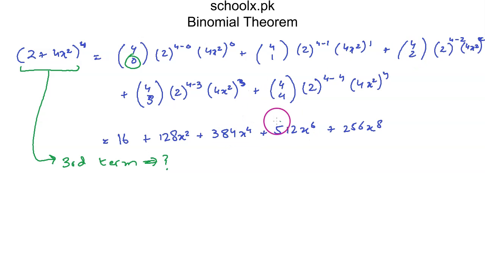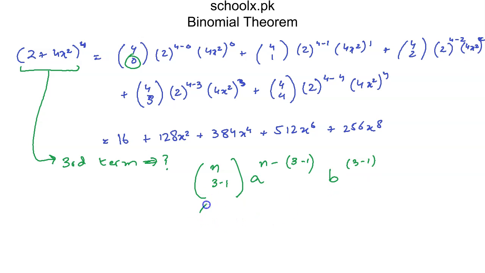So at the third term, the value of k, or r, will be 2, and the value of n will be the same, which is 4. So for that, we'll do nC(3-1) into a^(n-(3-1)) into b^(3-1).